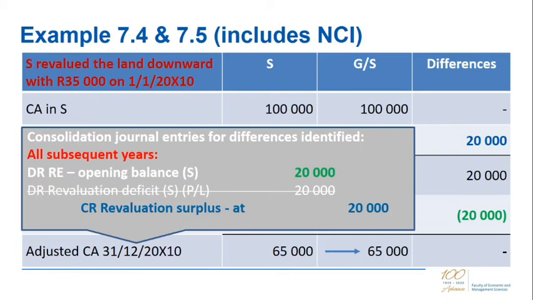In 20X9, the debit would have been to land. In 20X10, the debit is to revaluation deficit through profit and loss. In 20X11, the debit is to retained earnings opening balance. The debit changes depending on what has happened to the underlying asset.